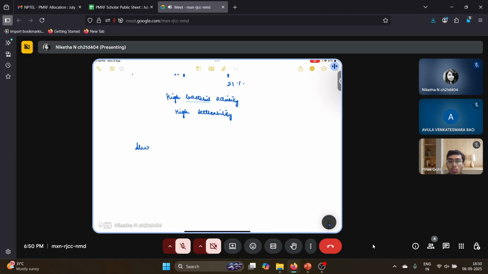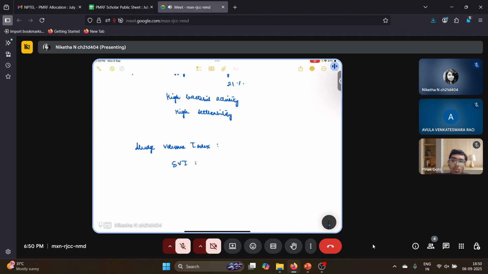Then we have the sludge volume index, or SVI. So the sludge volume index is the sludge volume after settling for 30 minutes.